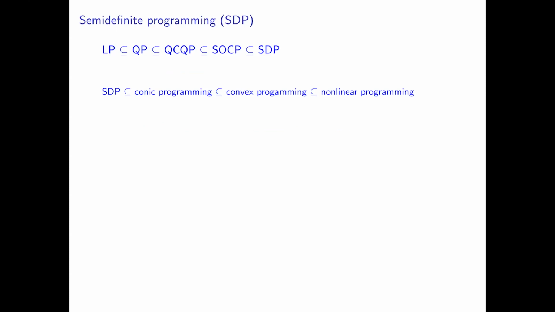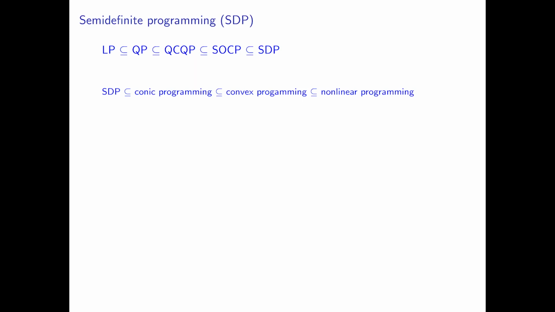Every quadratic program is a special case of a quadratically constrained quadratic program, which is a special case of an SOCP, which is a special case of an SDP. SDPs themselves are not really the most general class we're interested in. There's a class of so-called conic programs, which are even more general than SDPs. And then there's the most general class of convex programs, and further people even study nonlinear programs.